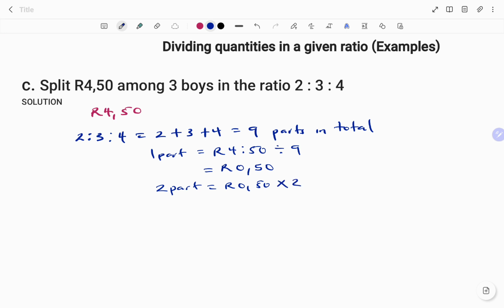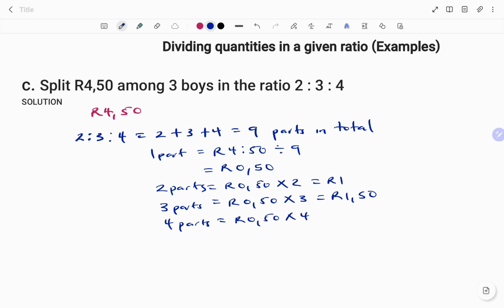And that is going to give us 1 rand. To get the value of 3 parts, we are going to multiply the value of one part, which is 50 cents, by 3, and that is going to give us 1 rand 50. And to get the value of 4 parts, we're going to multiply the value of 1 part by 4, and that is going to give us 2 rands.